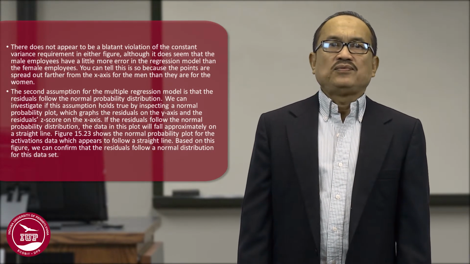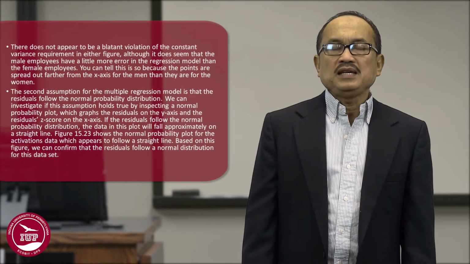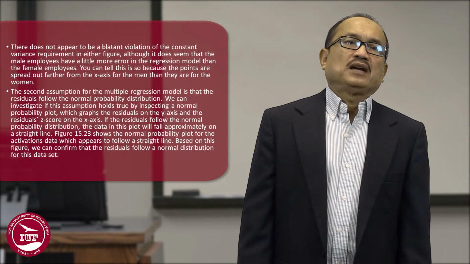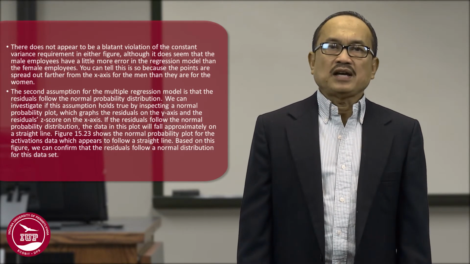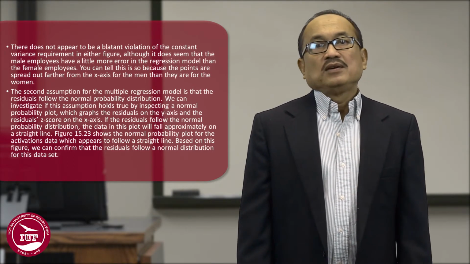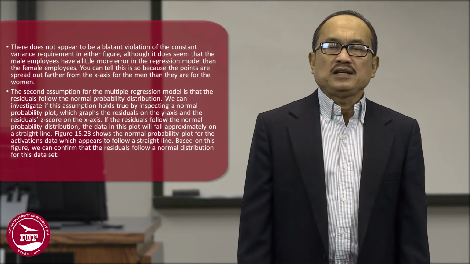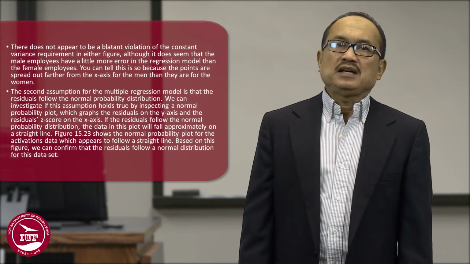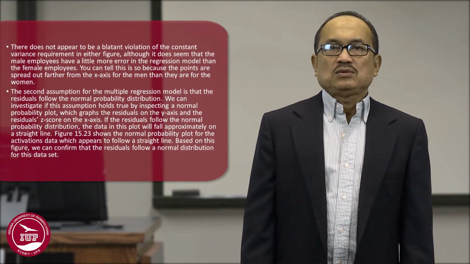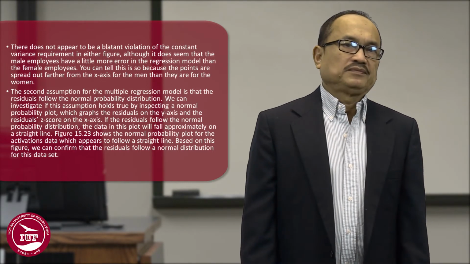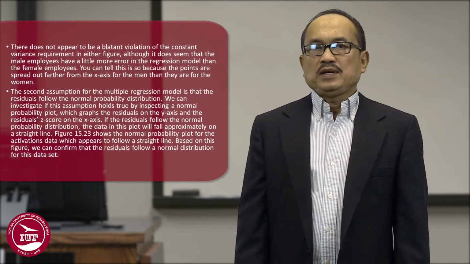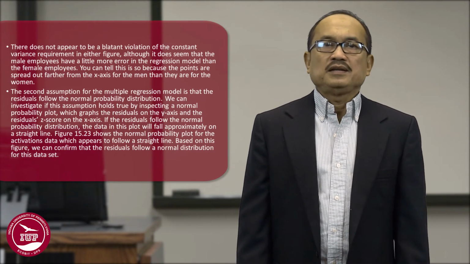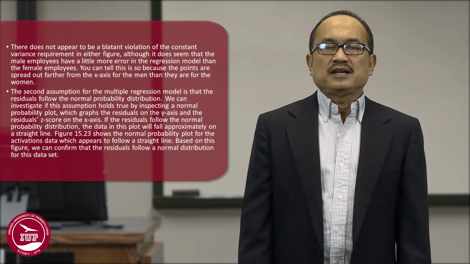If the residuals follow the normal probability distribution, the data in this plot will fall approximately on a straight line. Figure 15.23 shows the normal probability plot for the activation data, which appears to follow a straight line. Based on this figure, we can confirm that the residuals follow a normal distribution for this data set.